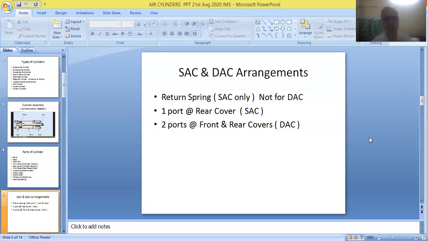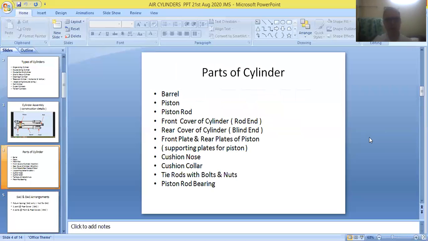So the first port is made at the rear cover of the cylinder, and the second port is made at the front cover of the cylinder. So friends, these are the various arrangements to be done in different cases.